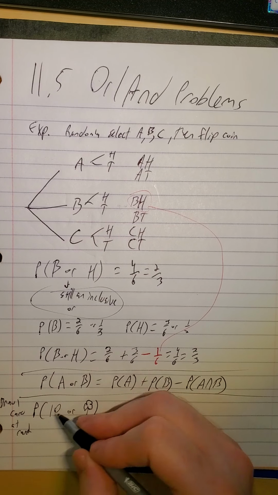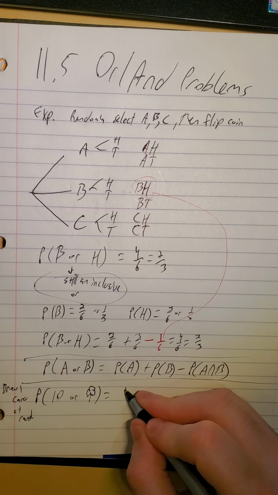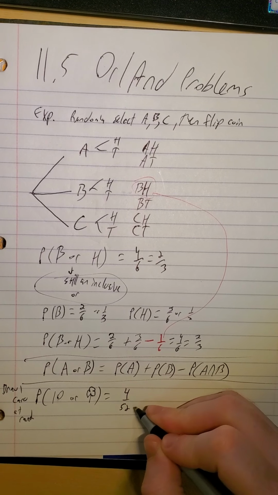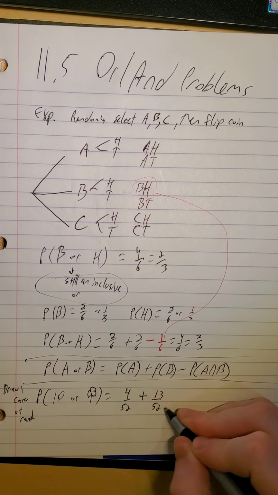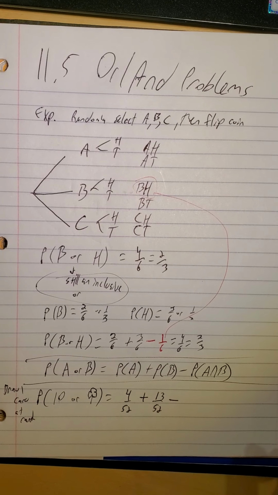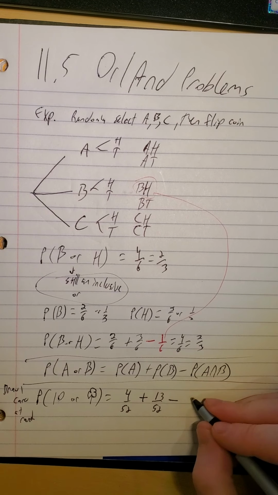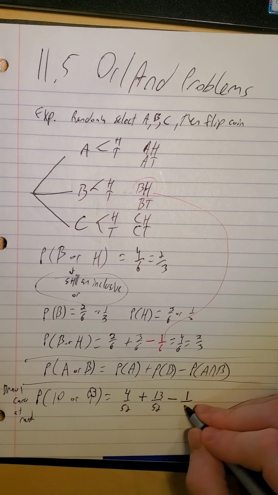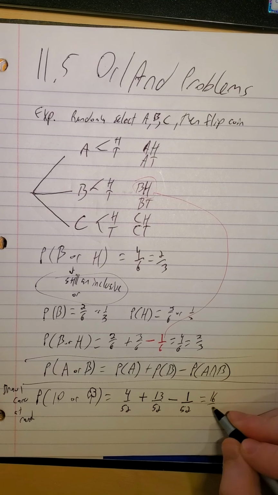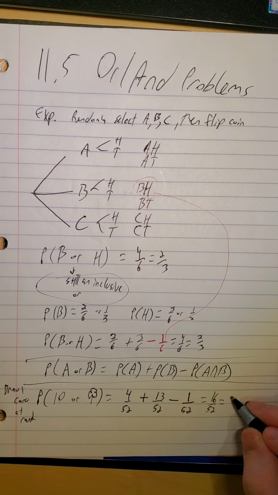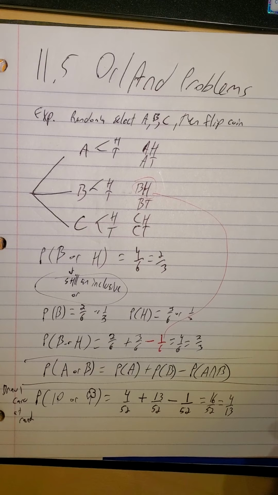So probability of selecting a 10, 4 out of 52, plus the probability of selecting a club, 13 out of 52, minus the probability that we have both a 10 and a club. There's one card that is the 10 of clubs. So 16 out of 52, those are both divisible by 4. So 4/13 is our probability.